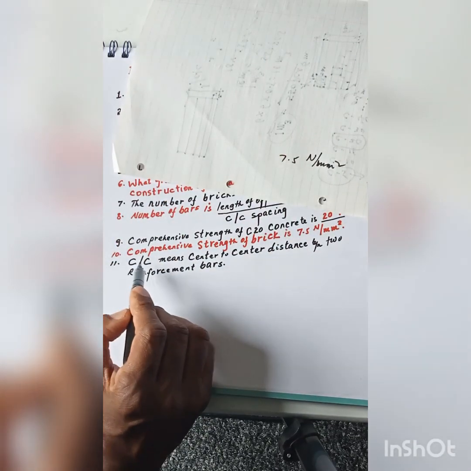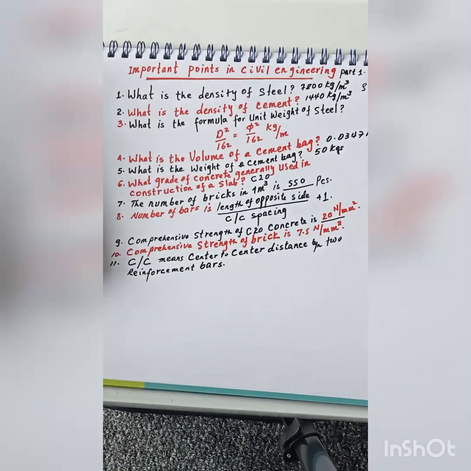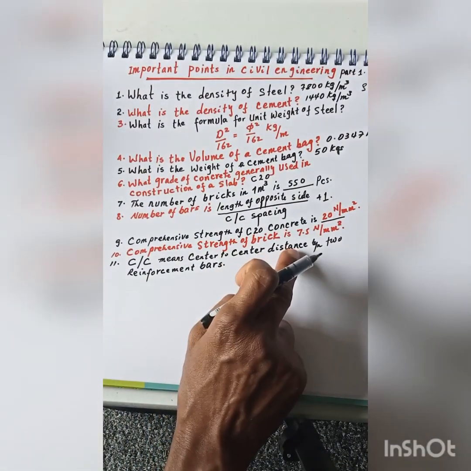Again, C/C. What does it mean? C/C means center to center distance between two reinforcement bars.